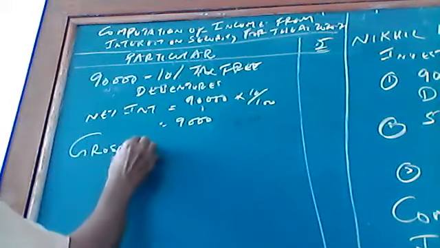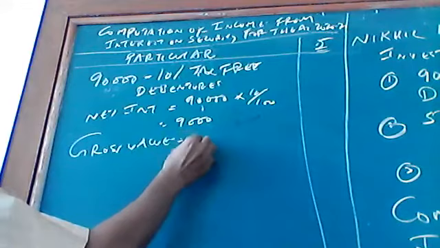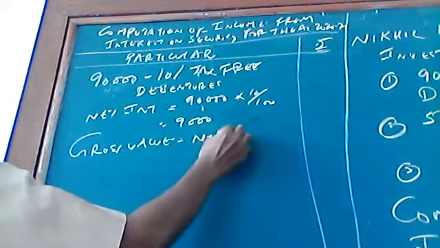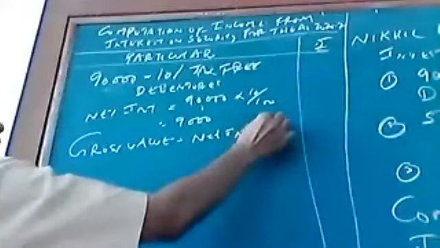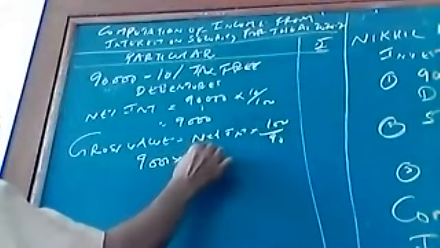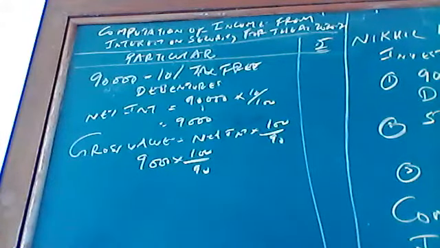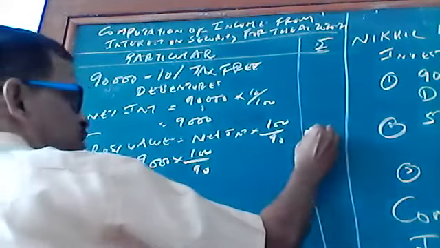Then you have to find out the gross value. What do you find gross value? Gross value is equal to net interest into 100 by 90. So that means 9,000 into 100 by 90, you will get 10,000 in the rupees column.